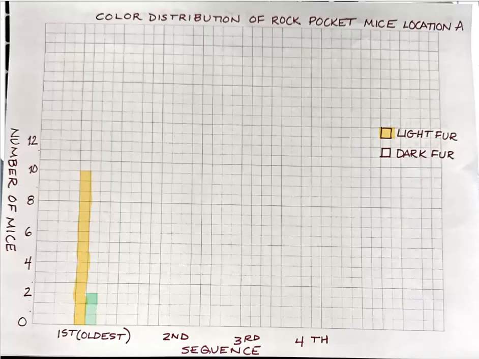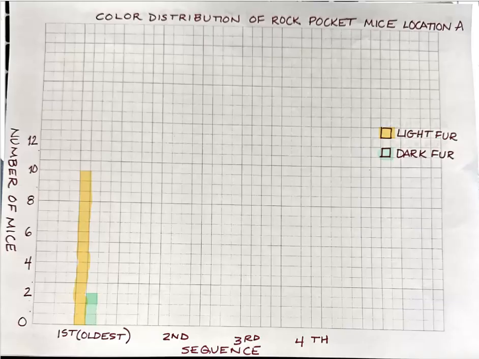And then I'm going to make sure that I color in my key for dark colored fur. So I'm going to do the same thing for location A for the second, third, and fourth cards, always using whatever color. So for me, I'd be using yellow for light fur all throughout, and then I'd use the light green for the dark fur. Okay? That's what you're going to do.